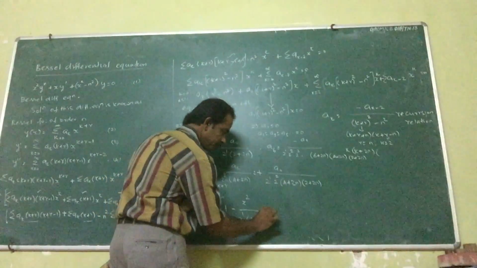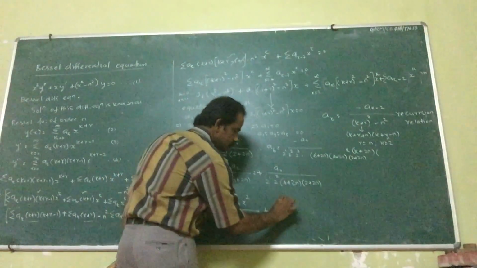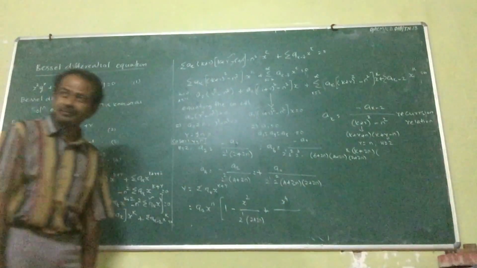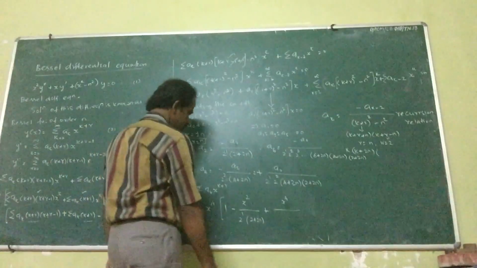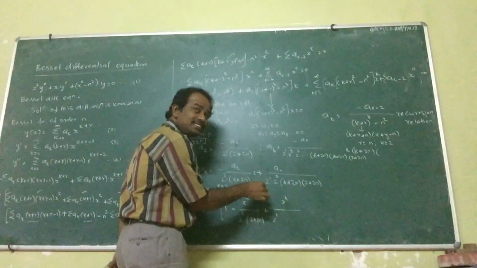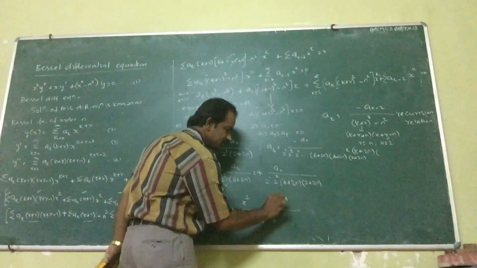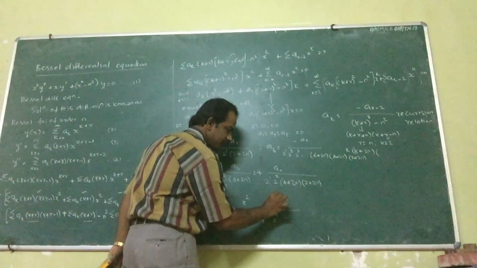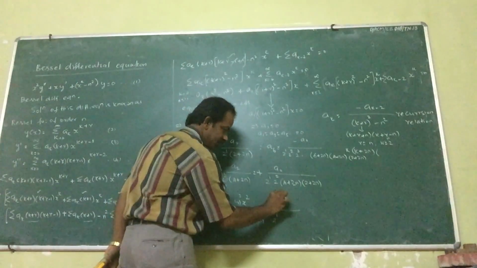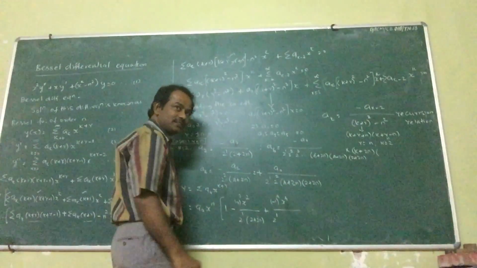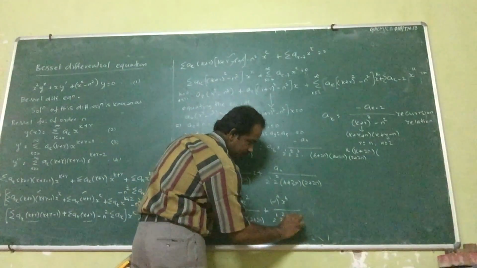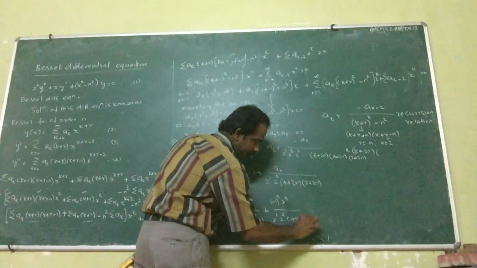The next term will be plus x to the power 4, correct? This term will be 2 to the power 1. Because the sign changes, I am going to write this as minus 1 square. So 2 to the power square, and this becomes (4 plus 2n)(2 plus 2n).